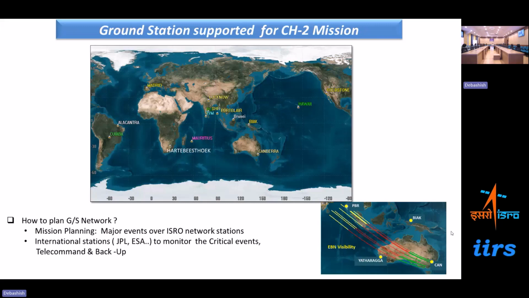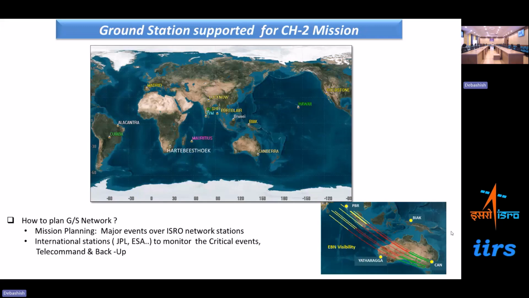Now, coming to the question of how to plan the ground station network for a particular mission, there are two parts. One is mission planning. We don't want to miss any major events like a maneuver. There are many major events, but as I talked about earlier, let me concentrate on orbit maneuvers.